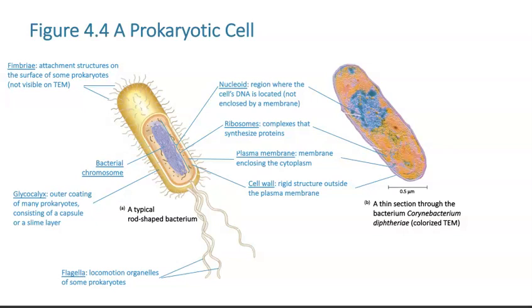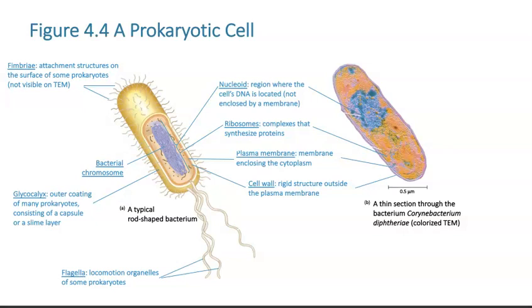If we're looking inside the cell, we could also look at something called the ribosomes. Remember, all cells have ribosomes, and ribosomes make proteins. Again, we get a whole chapter on how ribosomes make proteins later in the semester. We could think about the DNA, and DNA is found in the nucleoid region of a prokaryotic cell.